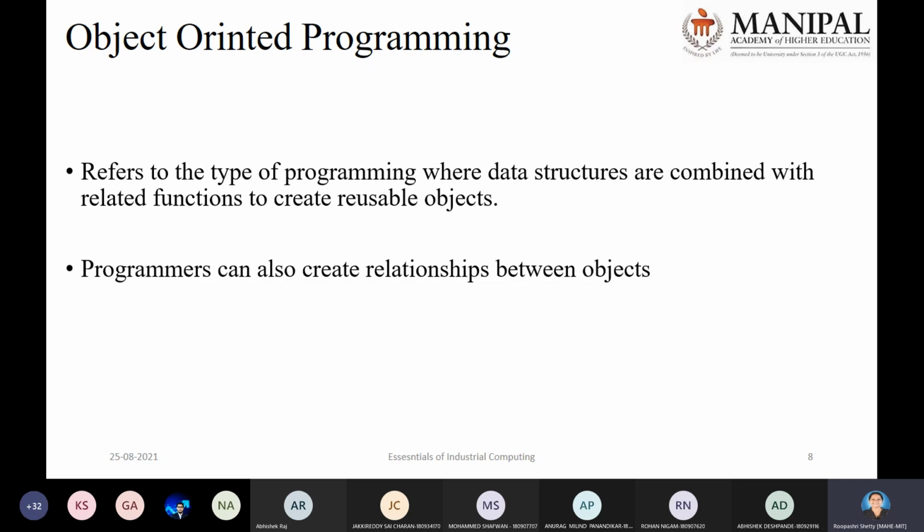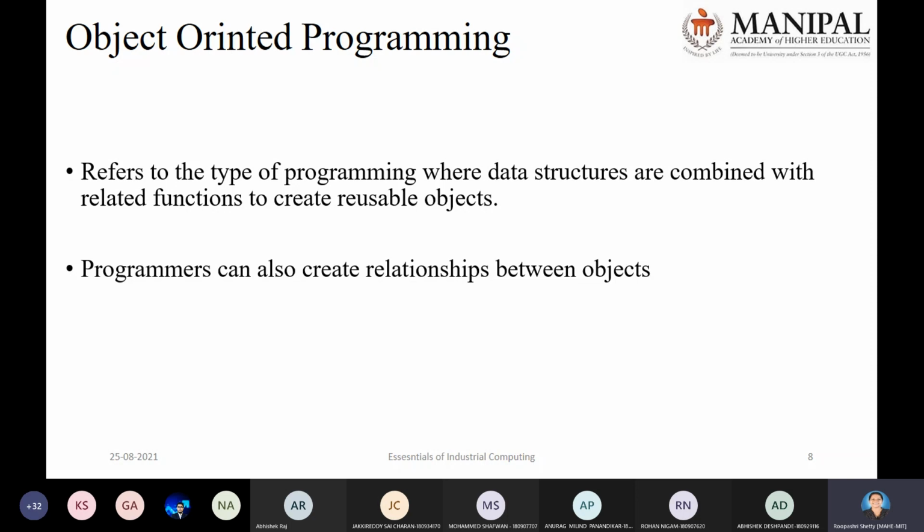So what happens in object oriented analysis? Fine. Object oriented analysis, as the name suggests, is an analysis. So what are you analyzing? See, when you develop any system, do not think of any small C program or C++ program. Think about large, real world problems.